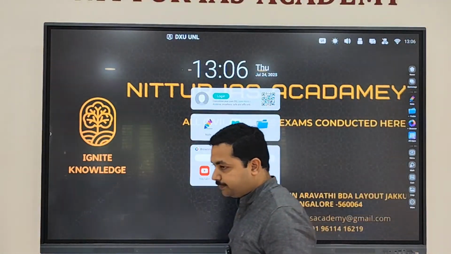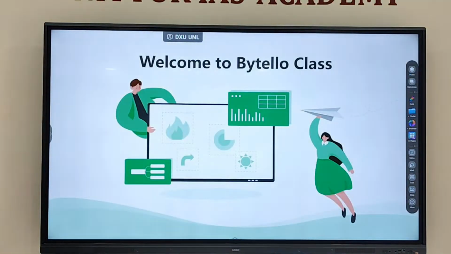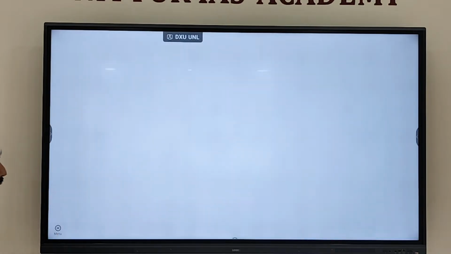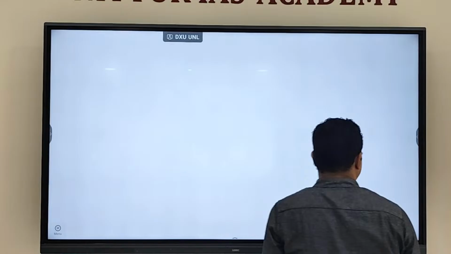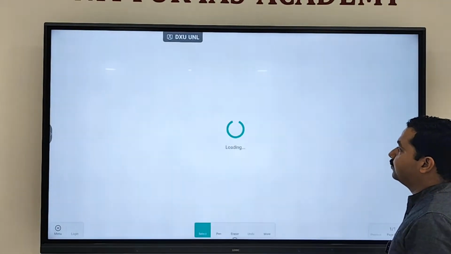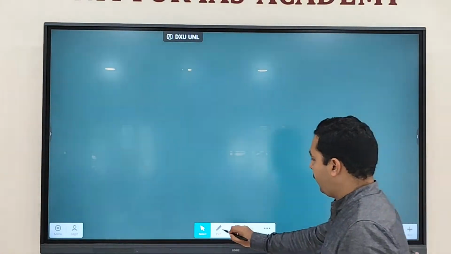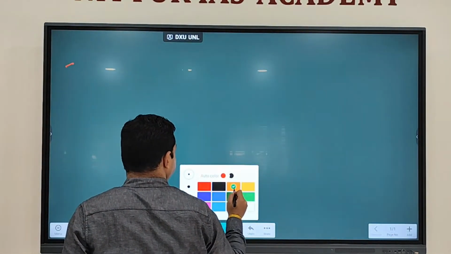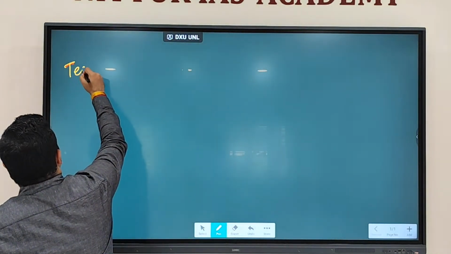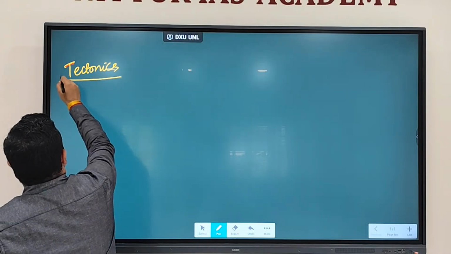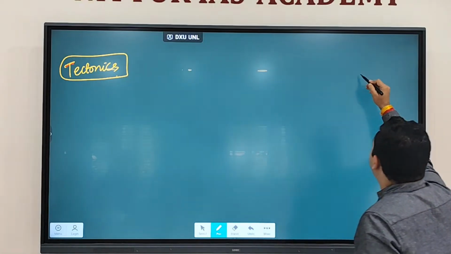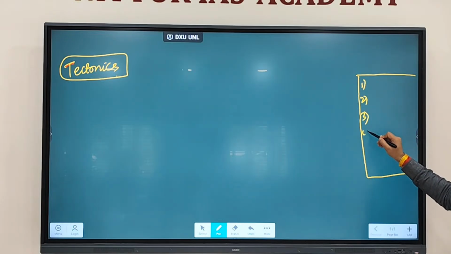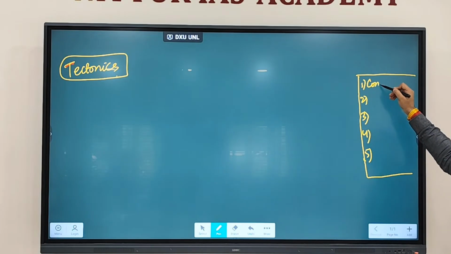the tectonics part. There are 5 theories that you have to keep in mind, which are mentioned in your syllabus. The first theory is continental drift theory.